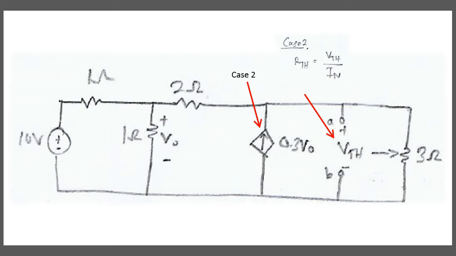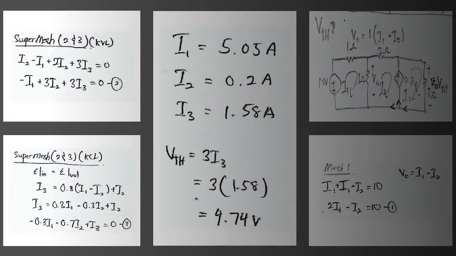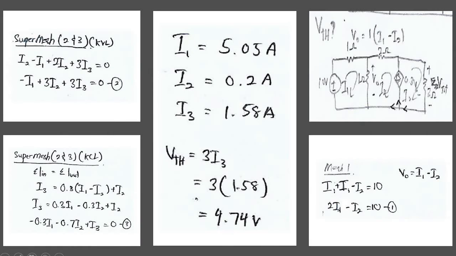We must search for both of these values, which are Thevenin's voltage and Norton's current. To get VTH, I use mesh, but since there is a dependent current source in between two loops, I have to use supermesh.